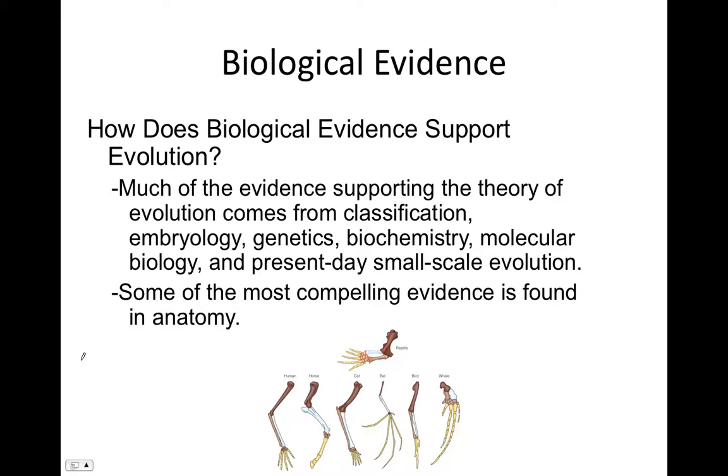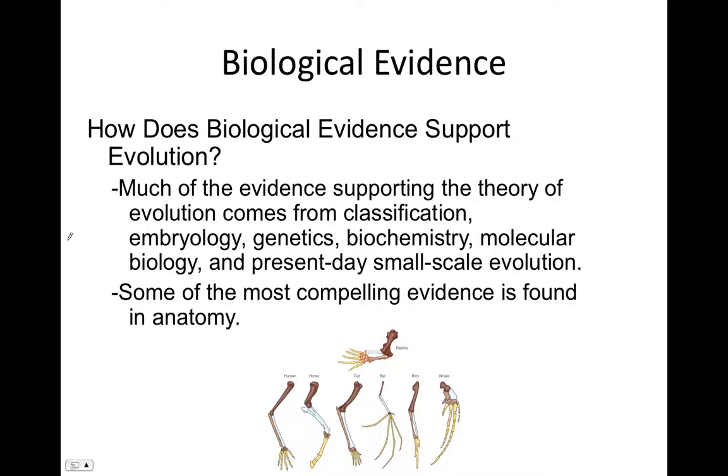Some examples: in embryology, we can see the stages of evolution in the development of an embryo of different organisms. In genetics, we can see genetic markers that we share with other organisms, and we can create those same cladograms using genetic markers and so forth.